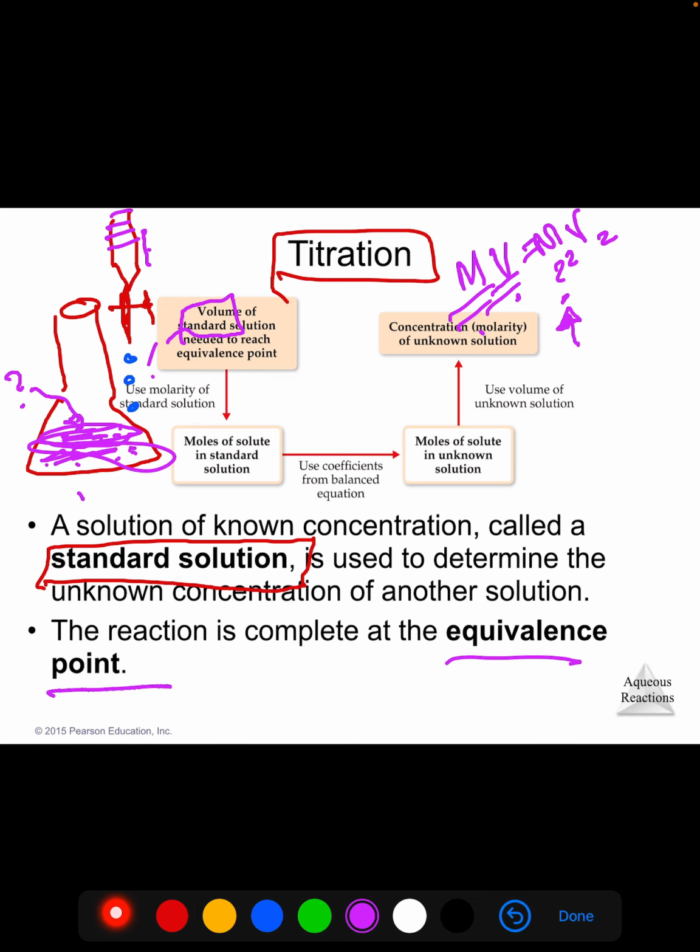What we can find out is our unknown molarity using our equation. You can use this with acid-base reactions. You can use this with oxidation reduction reactions, because we have a lot of indicators that change color depending on whether or not they're reduced or oxidized.